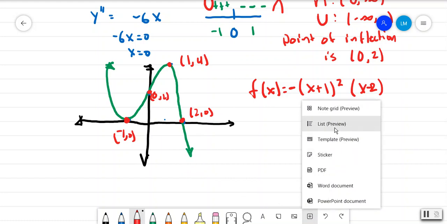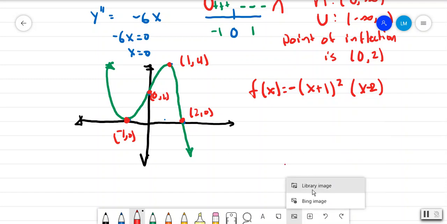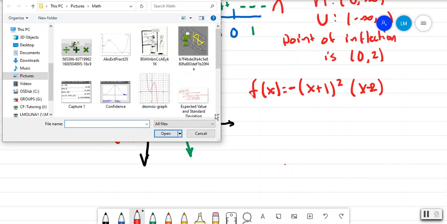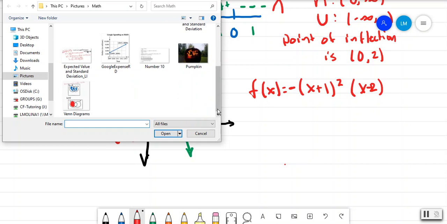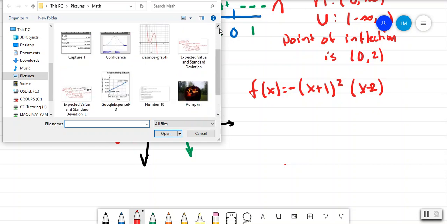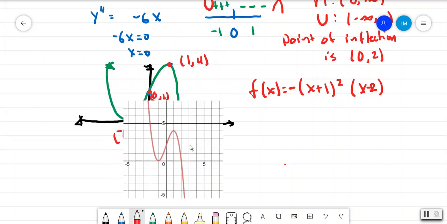Let's see, here's the graph of that equation.